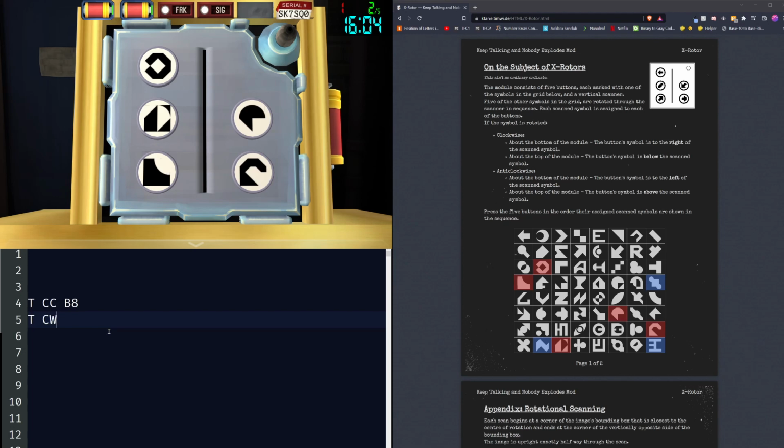Top clockwise H4. These are not related, I just saw that one. That came after the H8. Right. Yeah, bottom clockwise. Or counterclockwise.